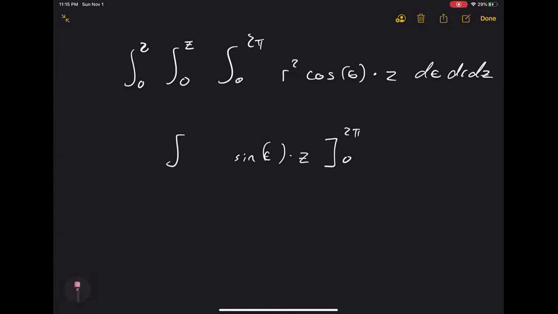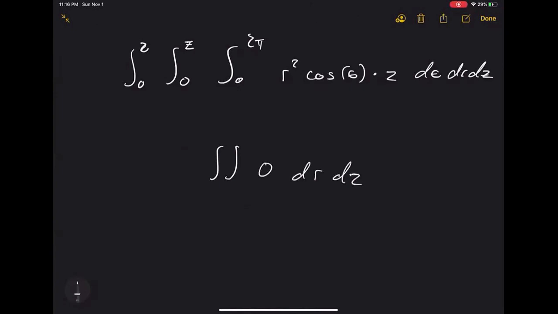So the integral becomes 0. Okay, that's not a huge deal. Or is it? Yeah, it is kind of a huge deal. That would make our entire integral 0. So I integrate that and I get 0 dr dz.